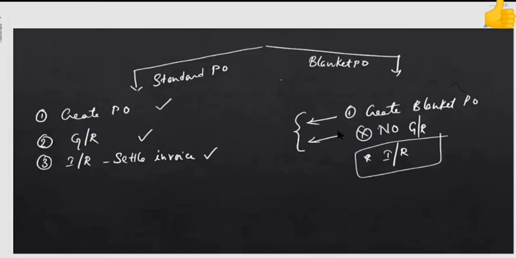That's for FI folks to do. The point being, you also save time here. And the blanket PO tells you how much you have consumed out of your total allocation of, say, 20,000 or 100,000. So the purpose of a blanket PO is to simplify the procurement of Class C material.